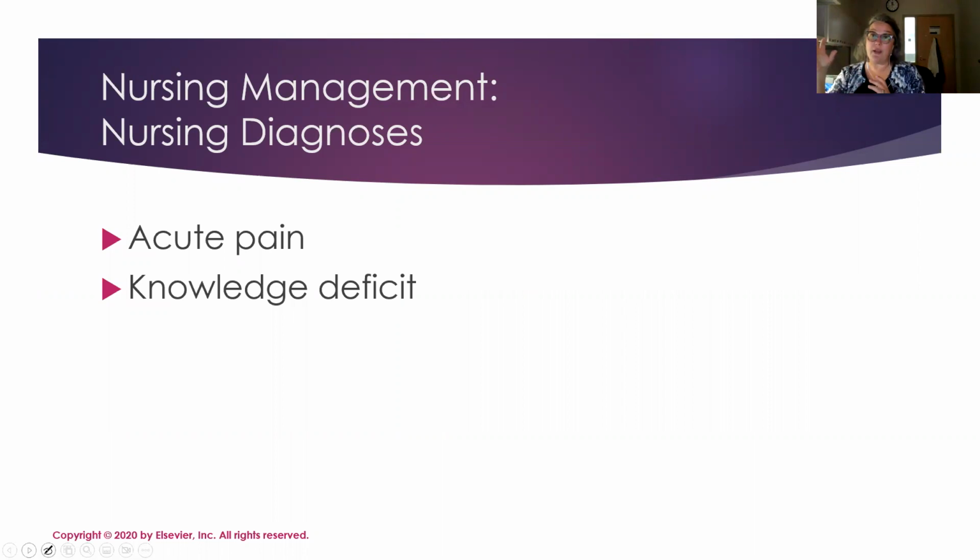So if they're in a severe gallbladder attack, in addition to acute pain, they may have that liver failure thing going on that I talked about. They don't have to. They may have a variety of different things. Maybe they had an infection that caused the gallbladder problem. So then they would have infective nursing diagnoses or nursing problems along with this. But the two that we can really isolate for this particular type of case all of the time: acute pain, knowledge deficit.